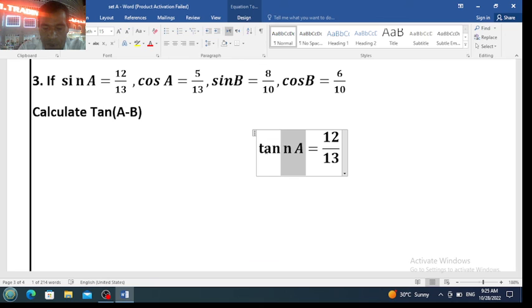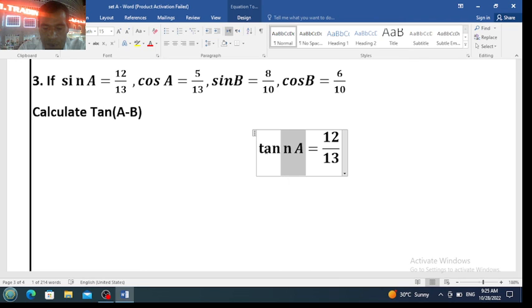Now the 10 will be cancelled out. It will be only 8 over 6, equal 8 divided by 6.